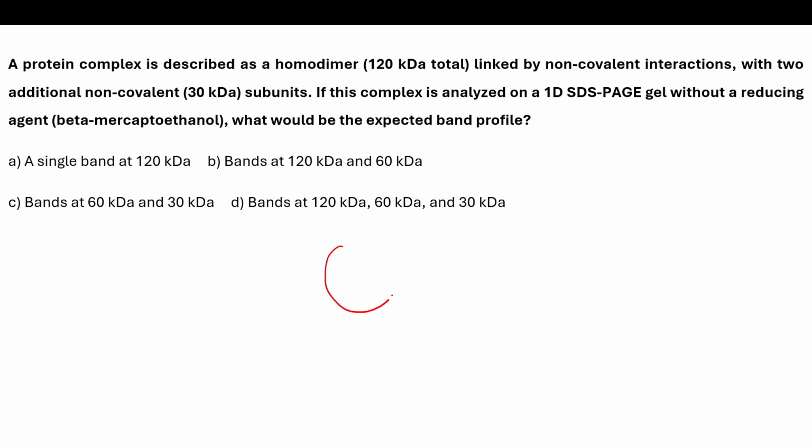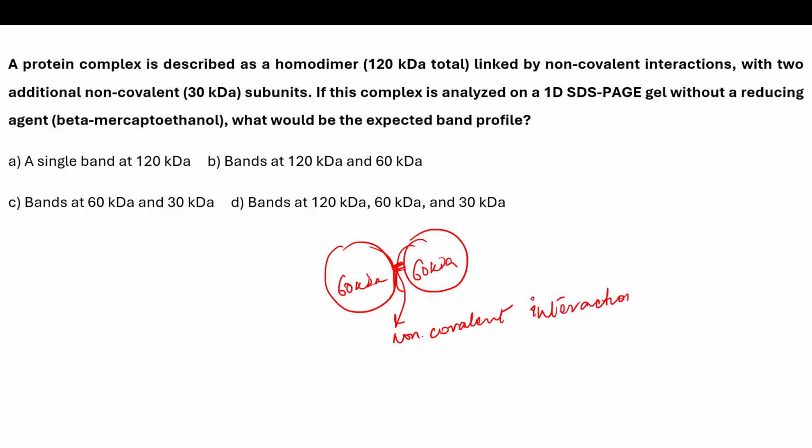So this is a homodimer, 60 kDa each, right? And these two subunits are interacting via non-covalent interactions. Now, there are two other subunits, 30 kDa each.